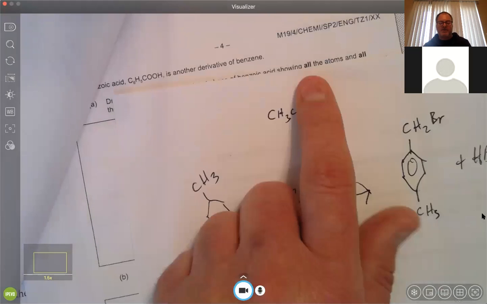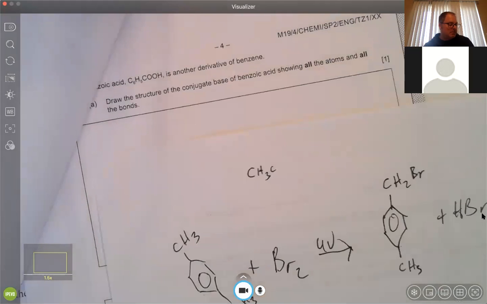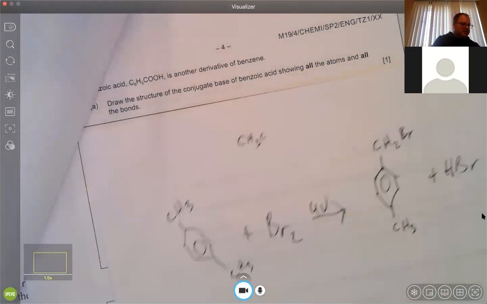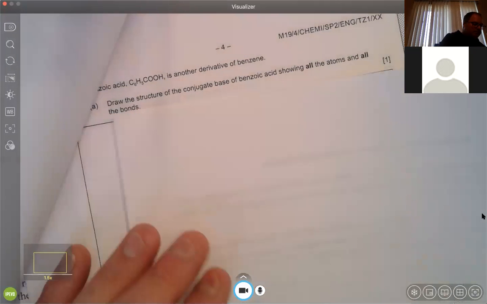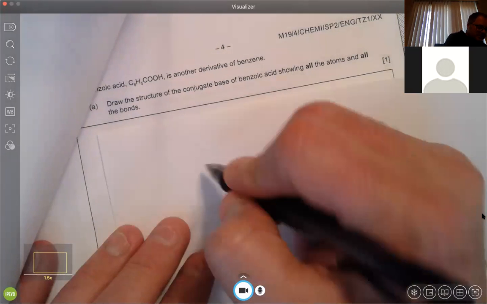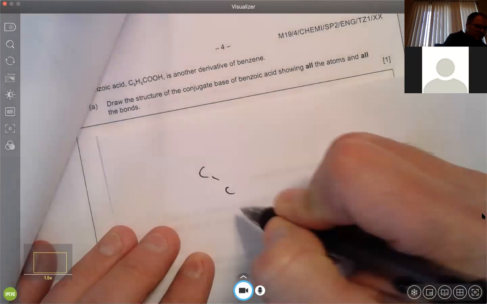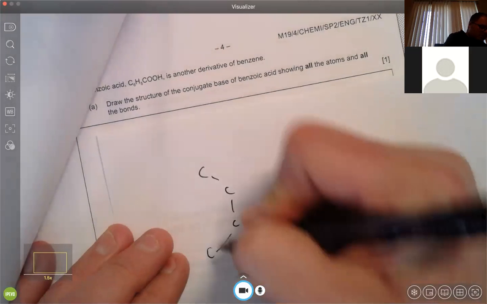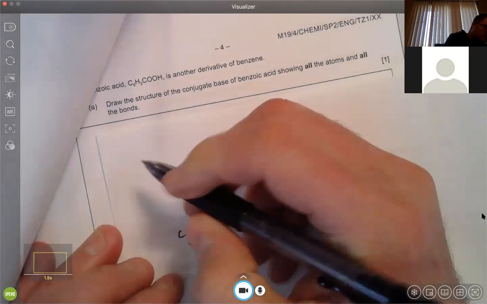You have to write out every single one of those atoms. And it actually says, acting as an acid, it wants to know what the conjugate base of it is. So C, 2, 3, 4, 5, 6.